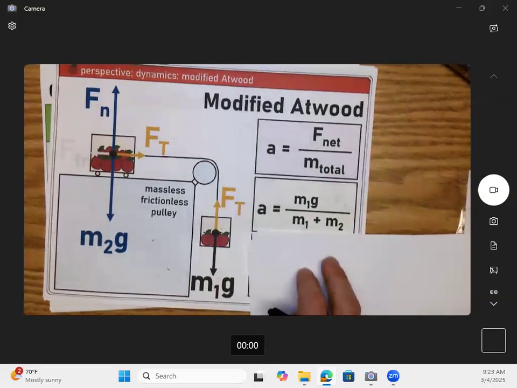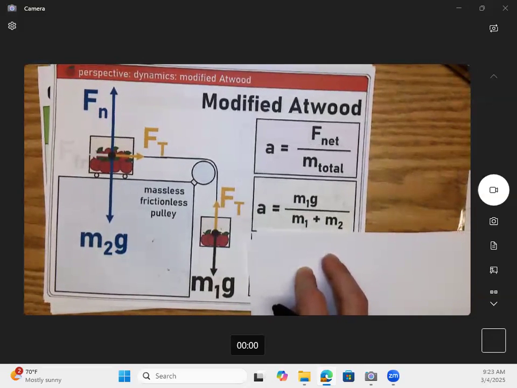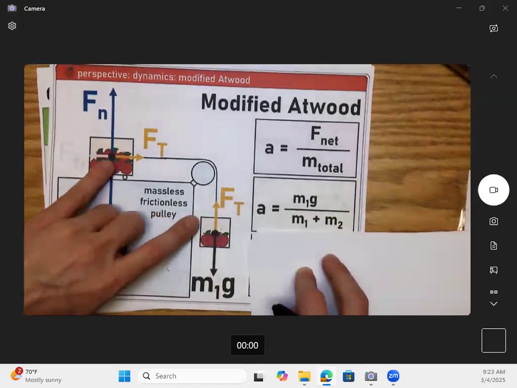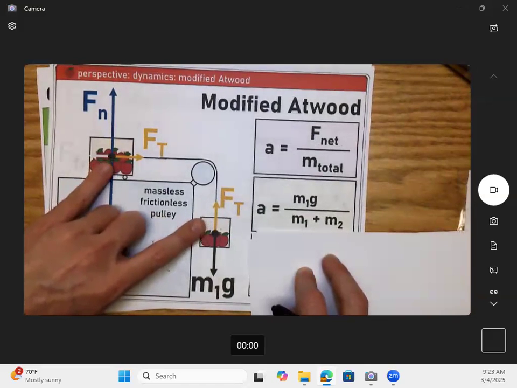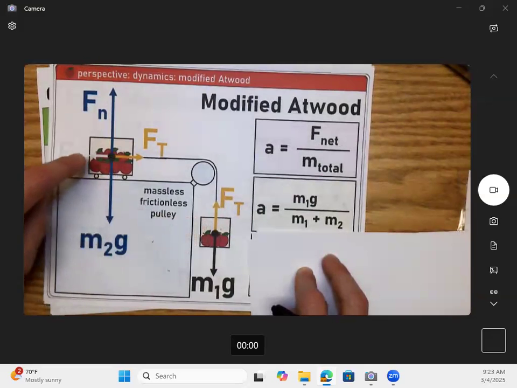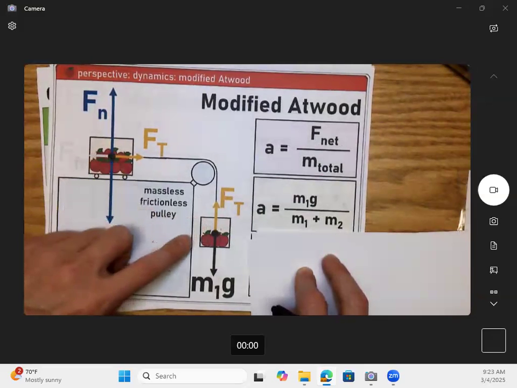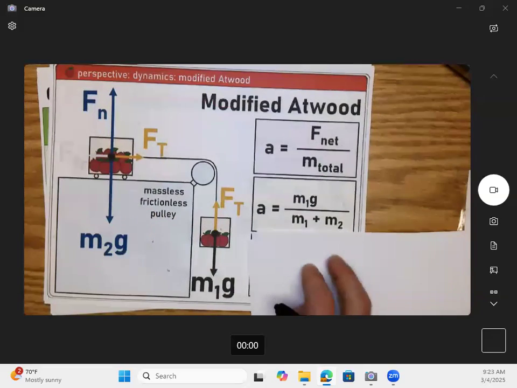I'm covering up a couple of formulas that are going to be in green boxes. And they both will tell the tension in the string, but one's from the point of view of this top block and one's from the point of view of this hanging block. Can you guys write those 2 equations? Go ahead and write them in your notes.